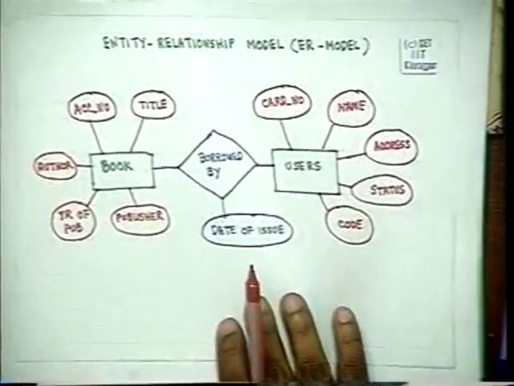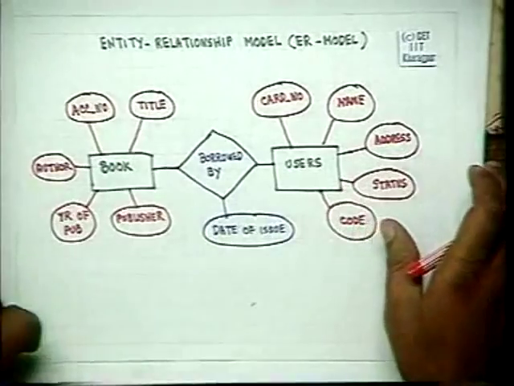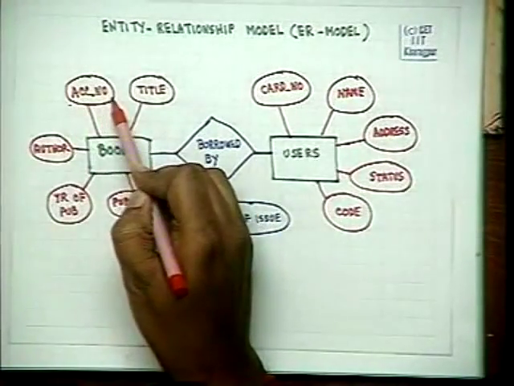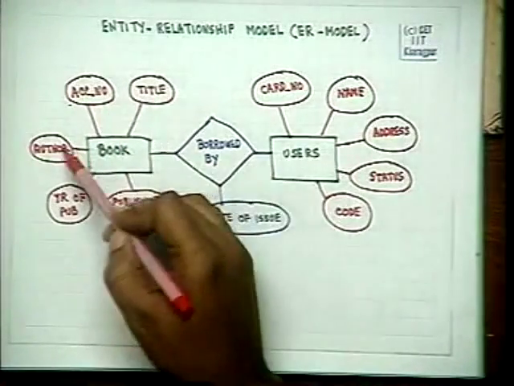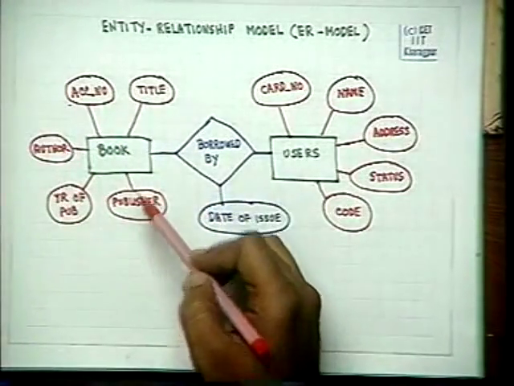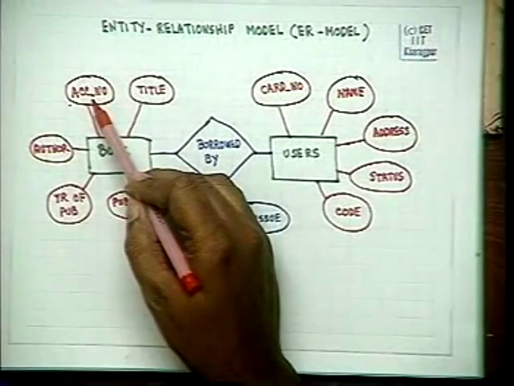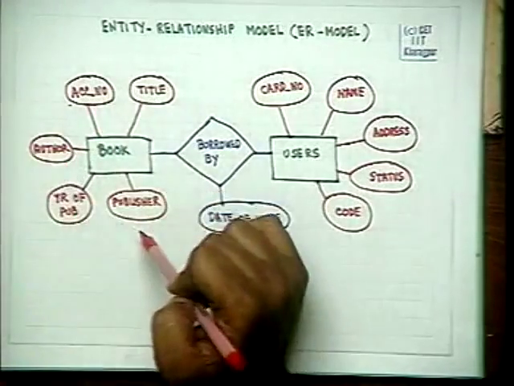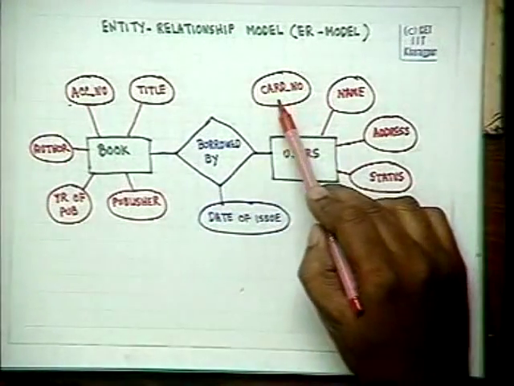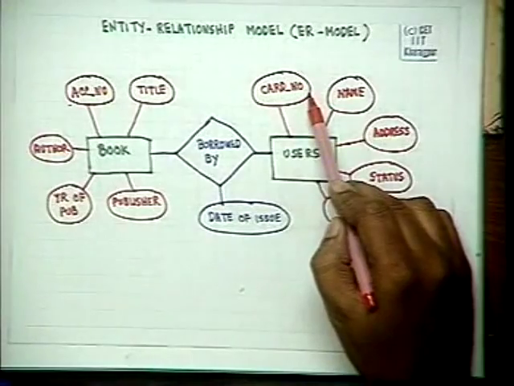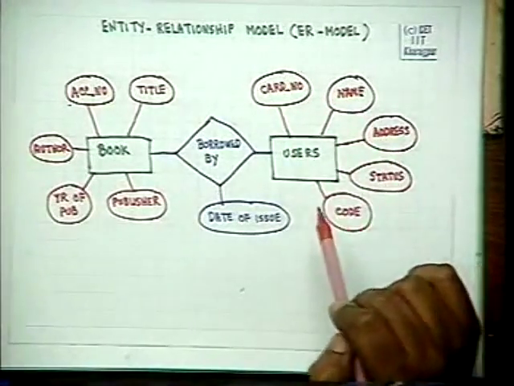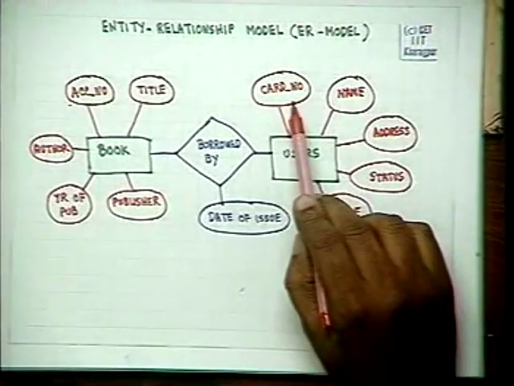For example, even in the entity relationship model, you know that the accession number being known, then this becomes unique. No two books can have the same accession number. So, that means if the accession number is known, then all of them become unique. Here also the card number, it being known, you will know the name, address. Obviously, two users will not have the same card number.